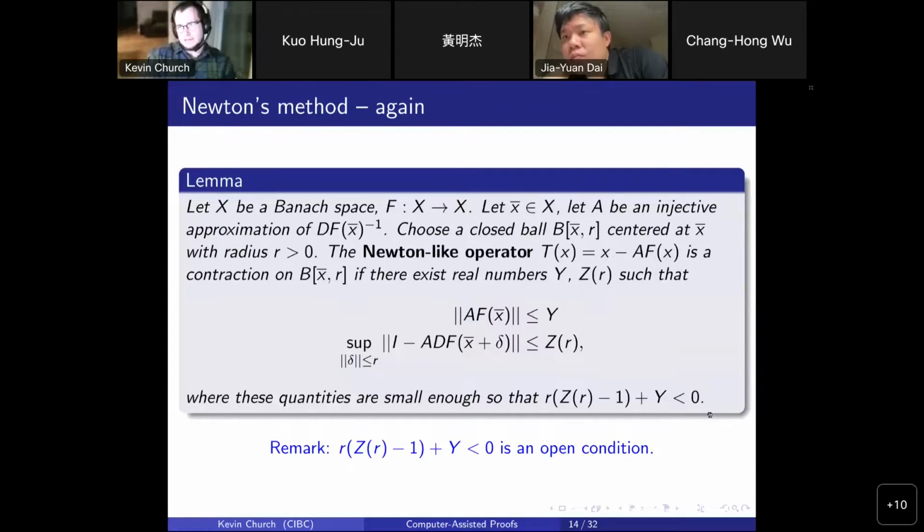So the main thing is that a computer-assisted proof that uses this Newton-like operator construction is insensitive to parameter variation, at least locally. That comes back to what I was saying before: if you have a degenerate situation, you might not be able to use a computer-assisted proof.